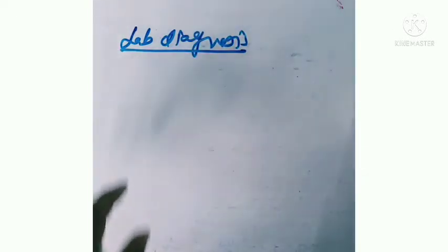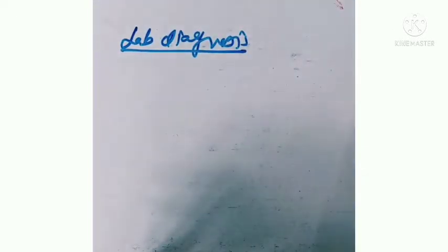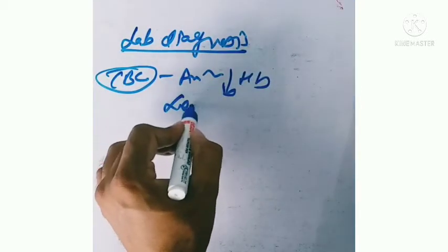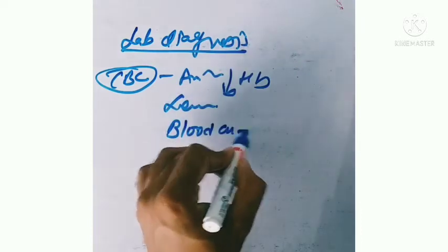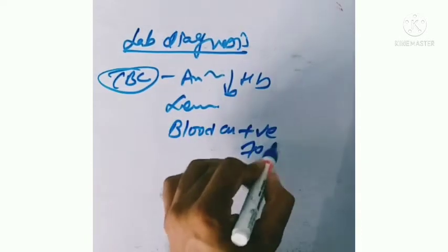In the lab diagnosis, the investigation part, in the first week when you do CBC, you will see that there is anemia, decreased hemoglobin, leukopenia, and the blood culture is positive for Salmonella typhi in 70% of cases.